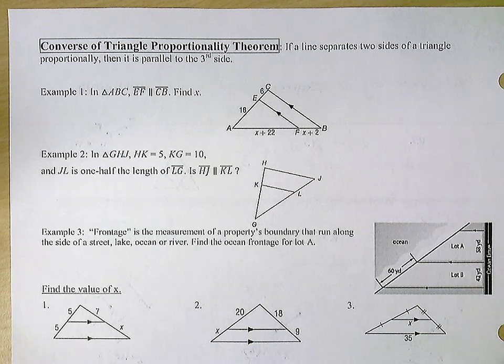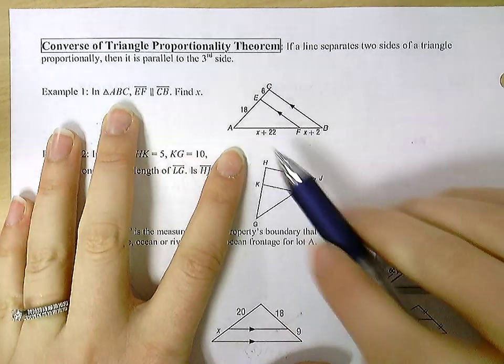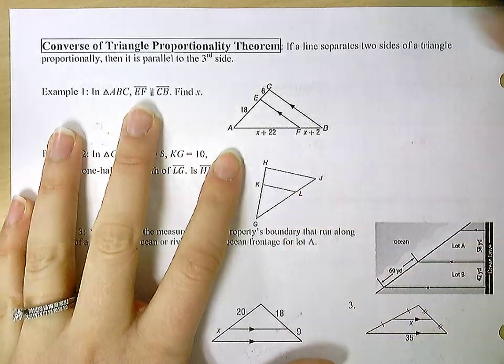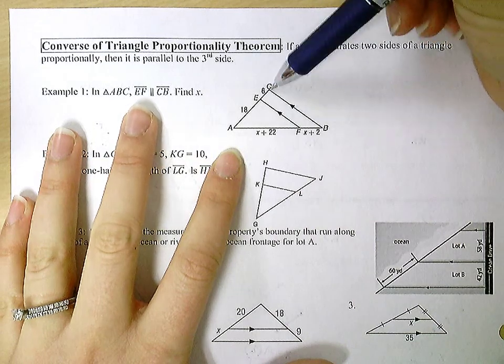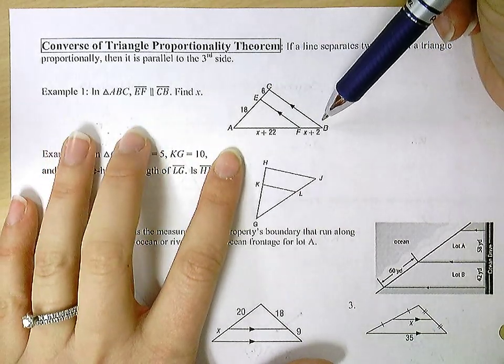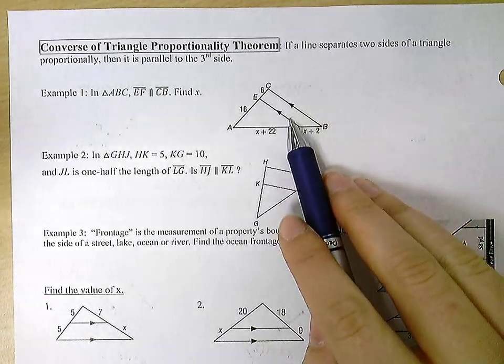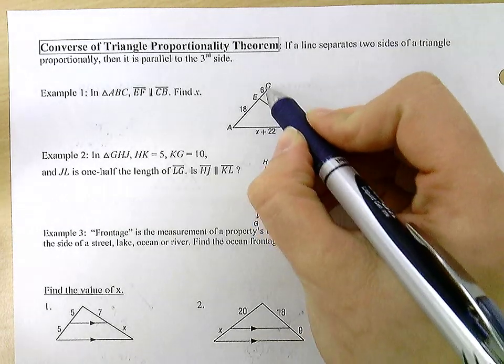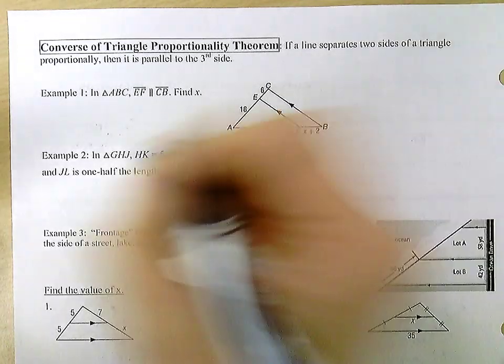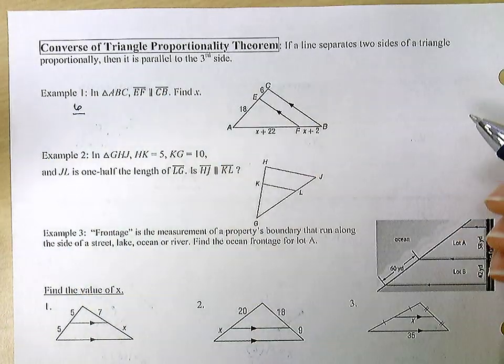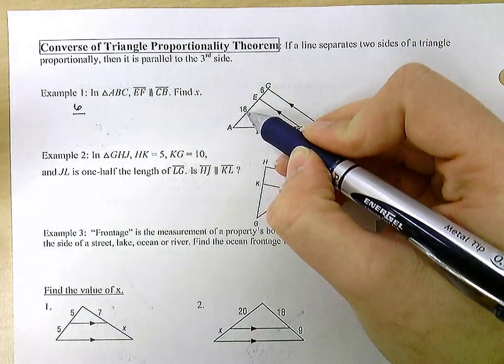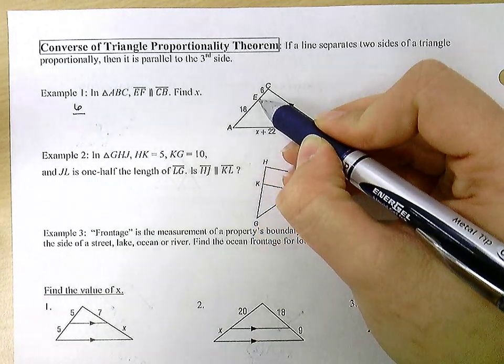So in example 1 on the back here, we have triangle ABC, okay, ABC, where EF is parallel to CB. And we want to solve for X. Now just like I said before, we could set this proportion up multiple ways. So one way, since these are my parallel lines, I could take my smaller part here, which is 6, over within the same line, that larger part is 18, right?